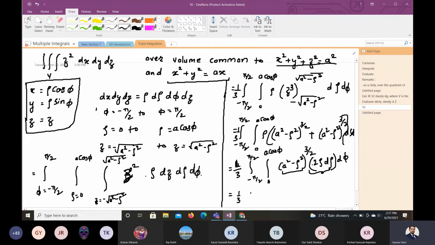So 1 by 3 integration minus pi by 2 to plus pi by 2. The integration is a square minus rho square raised to 5 by 2 upon 5 by 2, limits from 0 to a cos phi d phi.